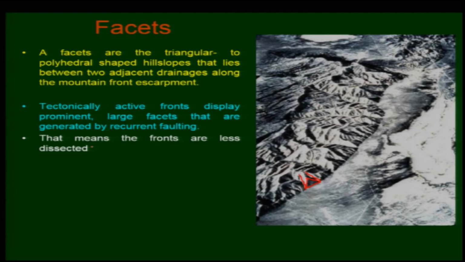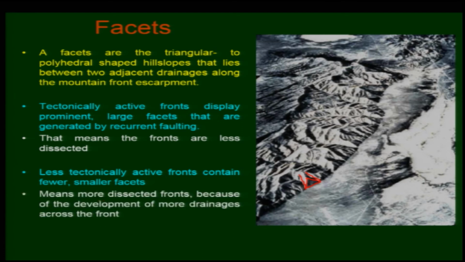Again, this you can correlate with the values which you have obtained from mountain front sinuosity, where we were also talking about the amount of erosion or dissection. Less tectonically active fronts contain fewer and smaller facets, meaning more dissected fronts because of the development of more drainage across the front.